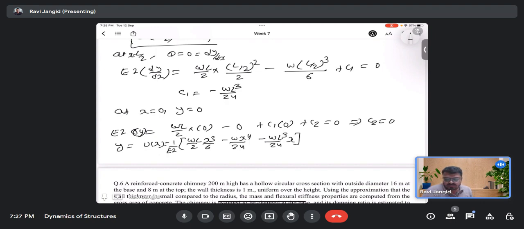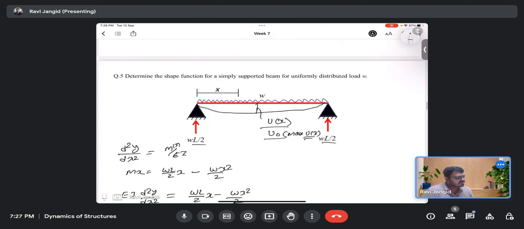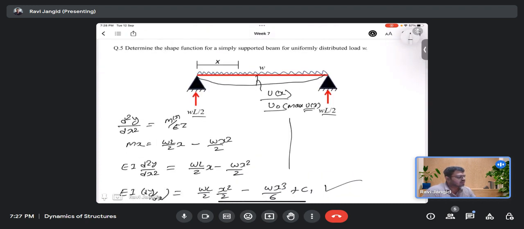And u maximum, you can find out by putting x equal to L by 2 in that equation. As we know, u maximum for this applied load comes out to be minus 5 by 384 into wL power 4 by EI.